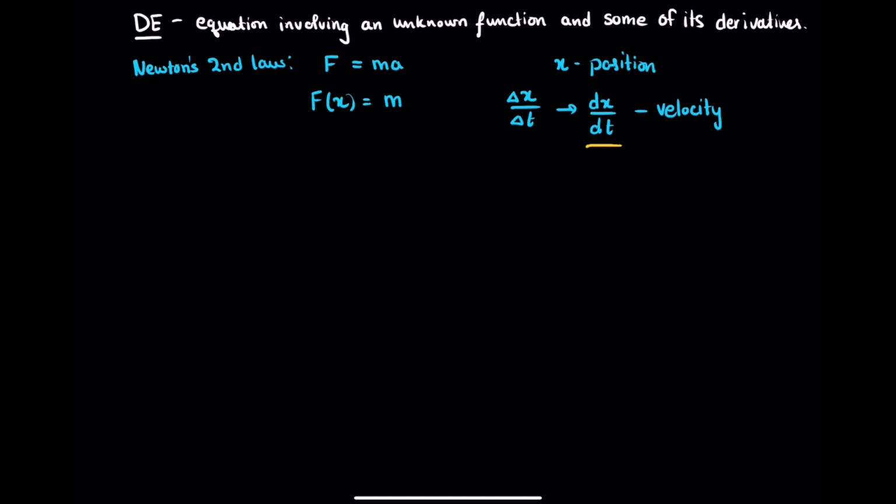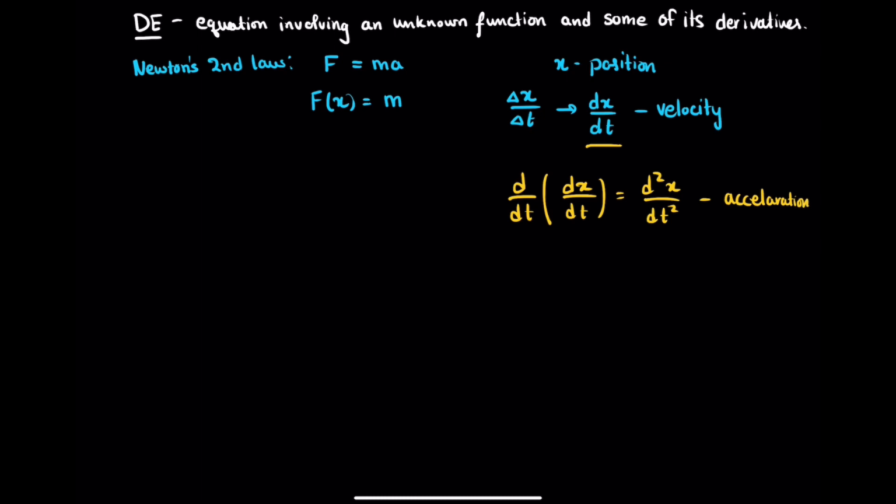So we can write acceleration like this: we take the derivative with respect to time of velocity, and that yields d2x over dt squared. This is acceleration. Let me add one more thing.